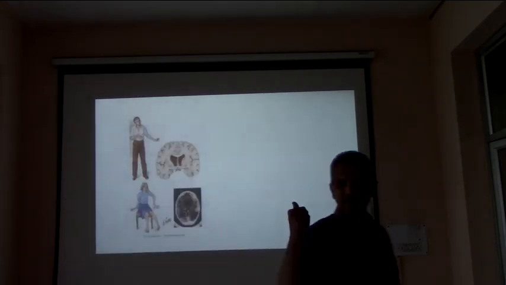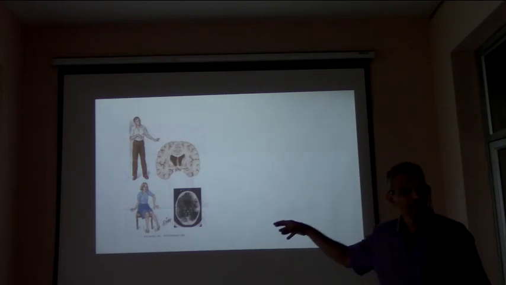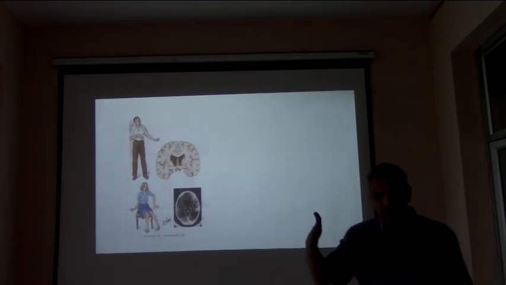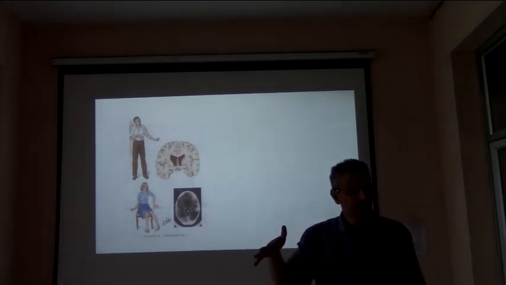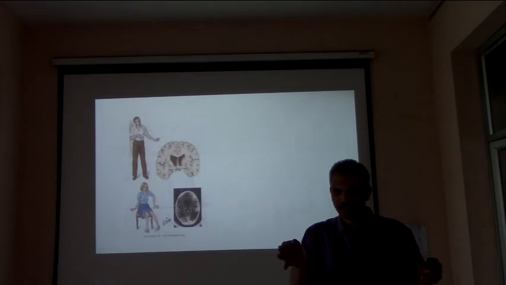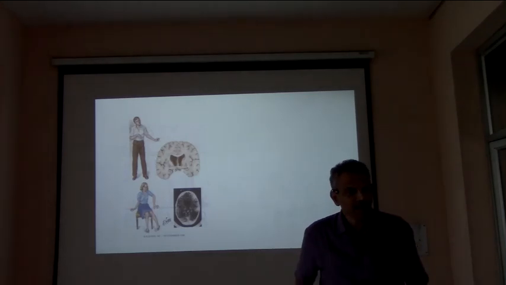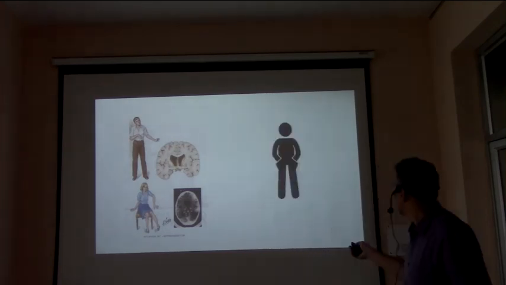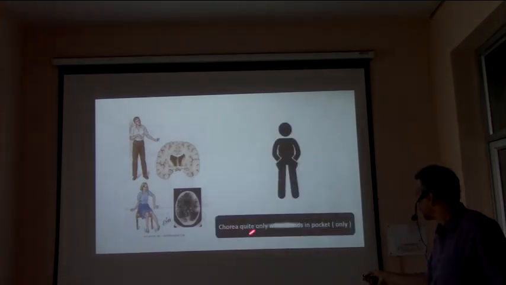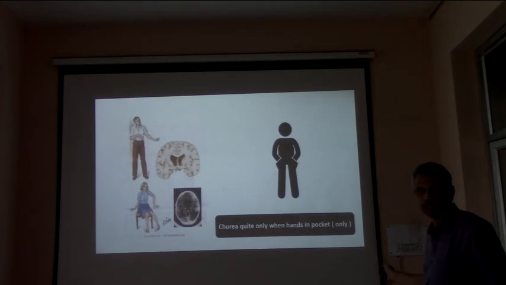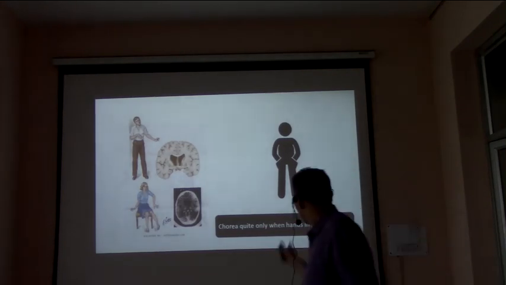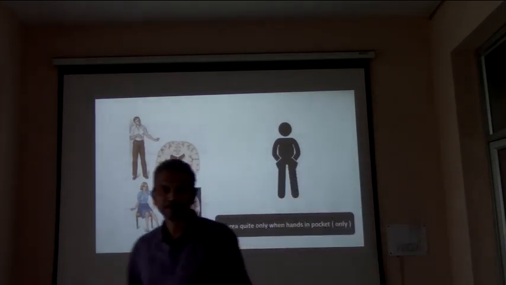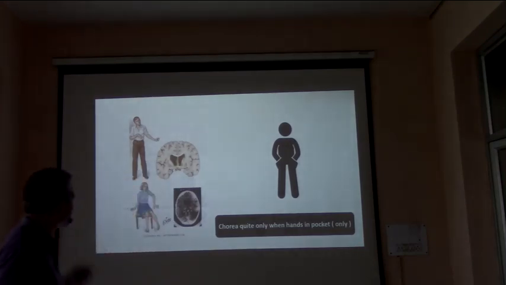We started with this: chorea or choreic movements, okay, which are quiet only if he puts his hands in the pocket. Done? Okay. So chorea quiet only when hands in pocket is Asterias. Yes, Asterias. Okay.